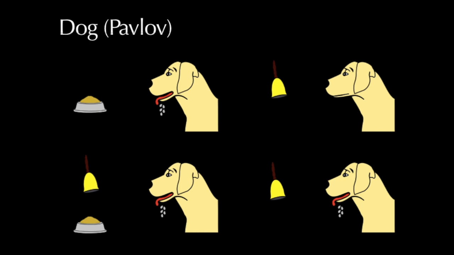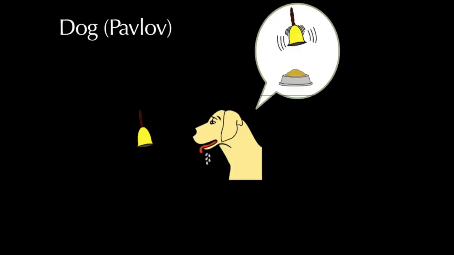Let's remember Pavlov's dog. Pavlov's dog hears a bell, gets food at the same time, and then after a few exposures to this pairing, starts salivating just after hearing a bell. So cognitive psychologists might say that in the mind of the dog, bell is associated with food.